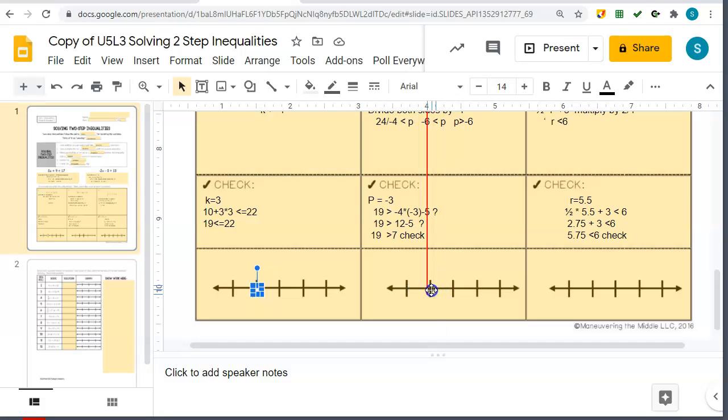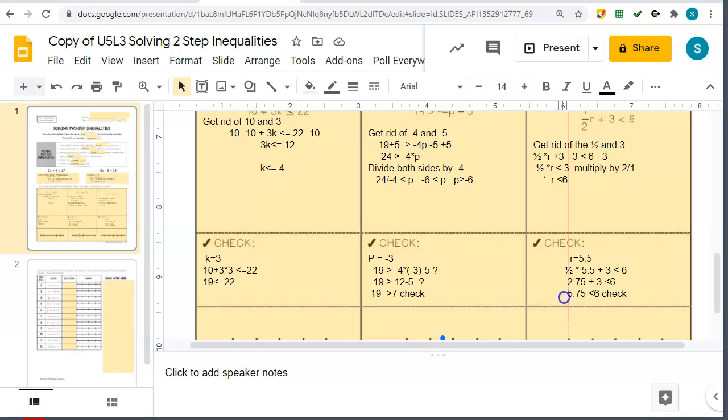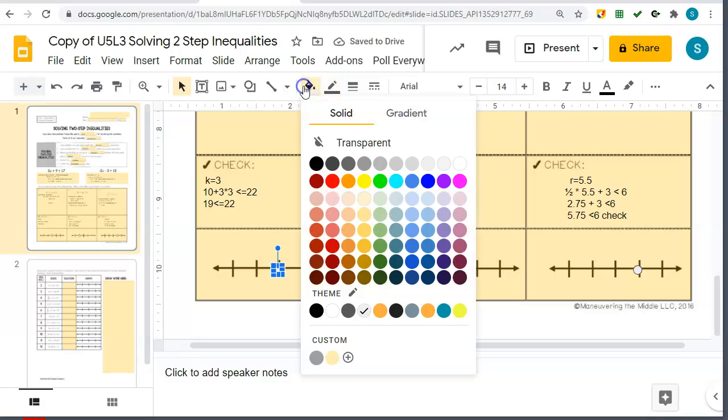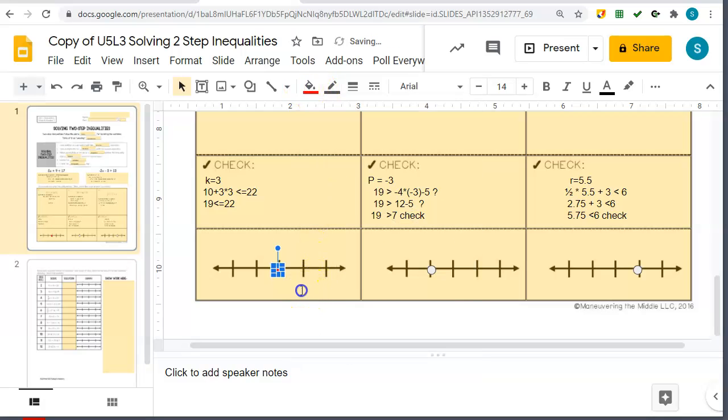So we'll put this one here, and this one here. And then we will copy that, and we'll change this one to be solid. So we're going to change the fill color on this one to red. And we're going to draw all our lines as red lines.